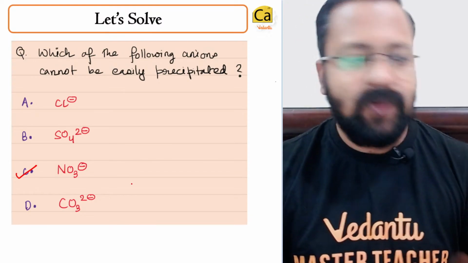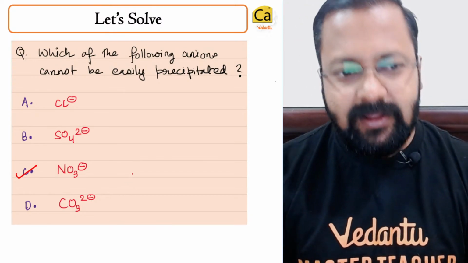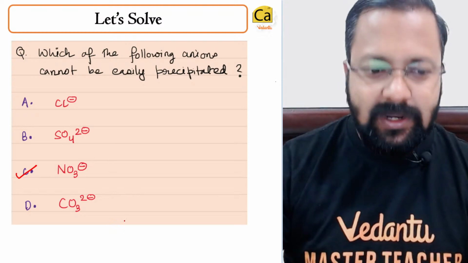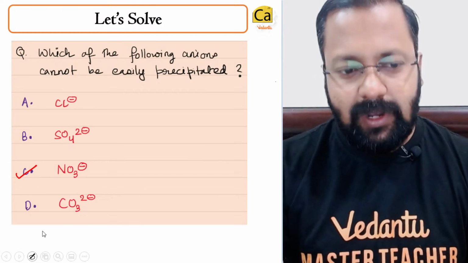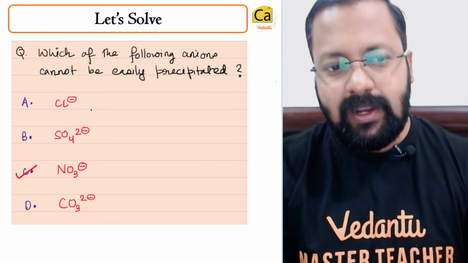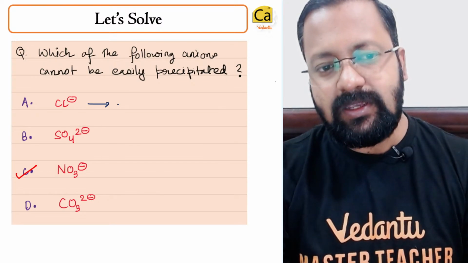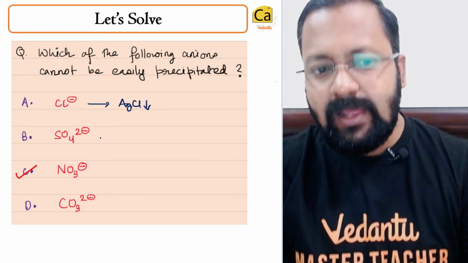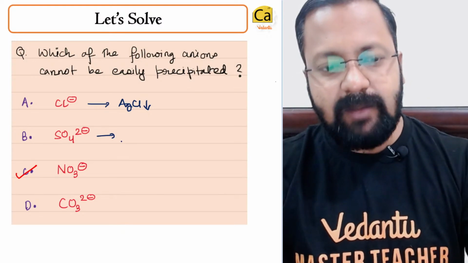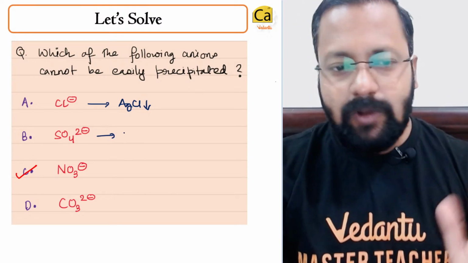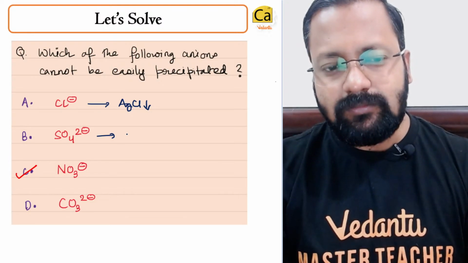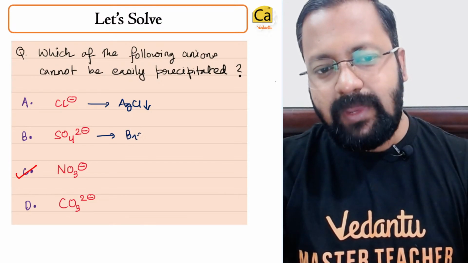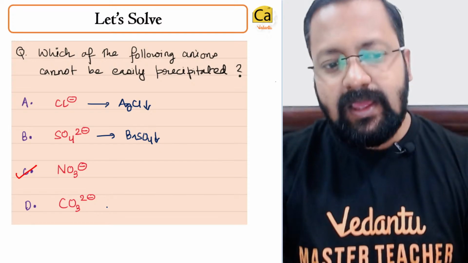The reason why the answer is nitrate: we precipitate chloride by using AgNO3, so we get an AgCl precipitate. Sulfate is precipitated by adding barium chloride, so we get a barium sulfate precipitate.